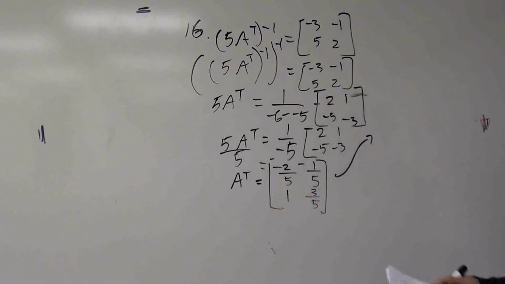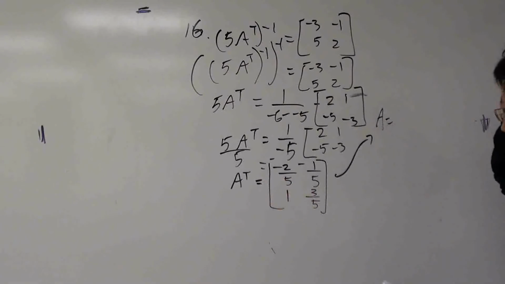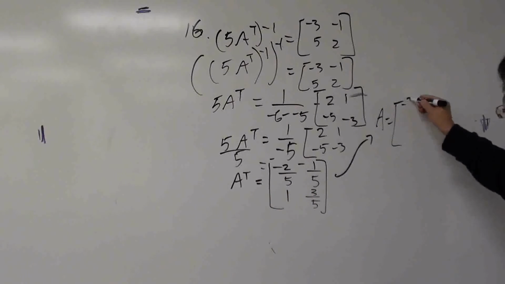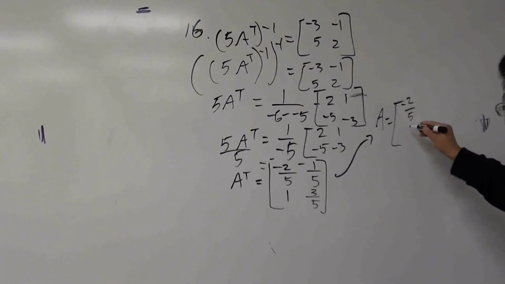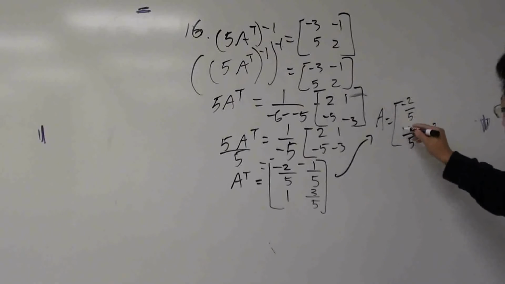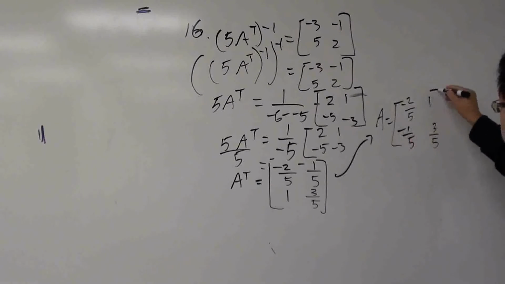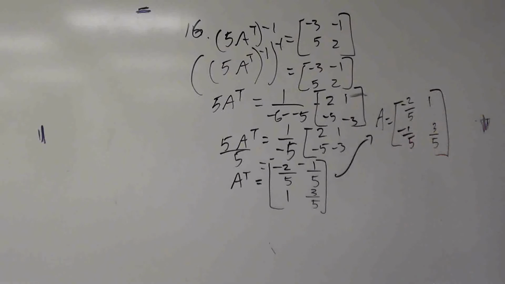So in order to get rid of the transpose, if we go back to A, the first one, because they have the same row and same column, shouldn't be changed at all, but the other one will flip. So it's going to be 1 over 5, negative, and then 1. And you can always reverse your step to see if that makes sense.